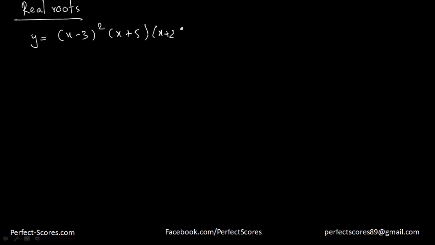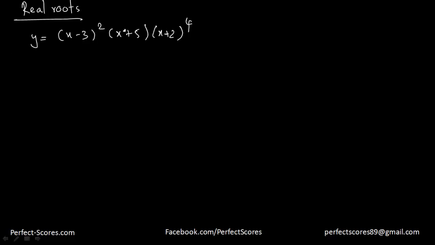Now let's talk about how you denote the real roots of a polynomial function. Let's suppose I have a polynomial function y is equal to, let's say, x minus 3 whole square, x plus 5, into x plus 2 raised to the power 4. Let's suppose this is a polynomial.